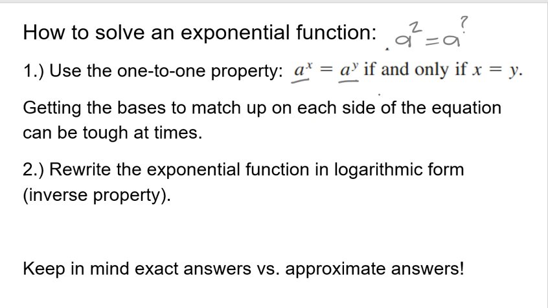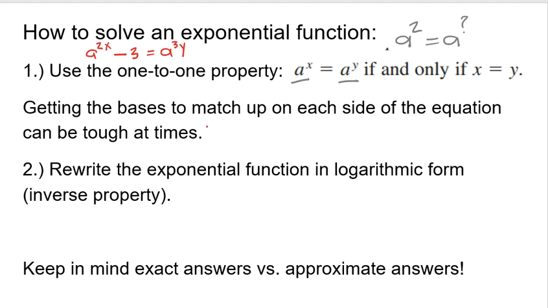But be careful, all right? Because this property only works if the only thing on the left-hand side is the base a with an exponent, and the only thing on the right-hand side is the base a with an exponent. It doesn't work if you have something like a to the 2x minus 3 equals a to the 3y.